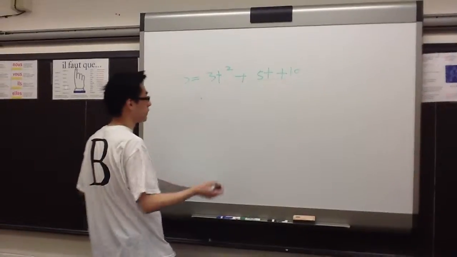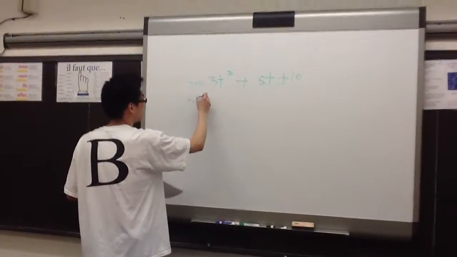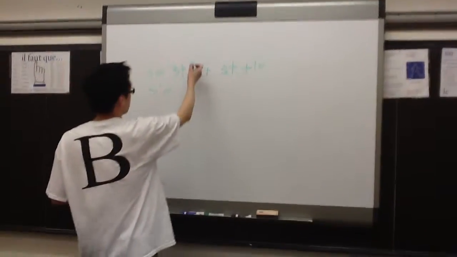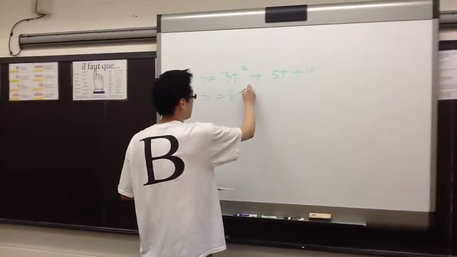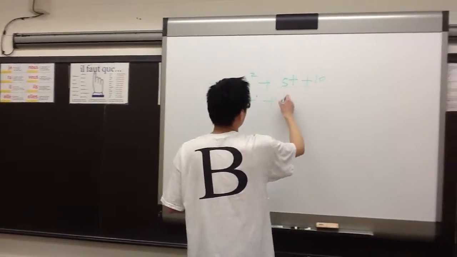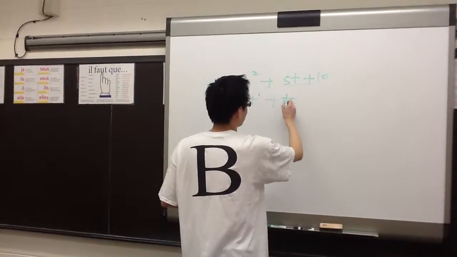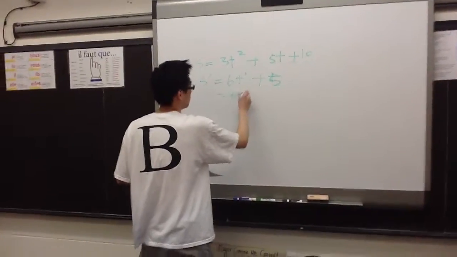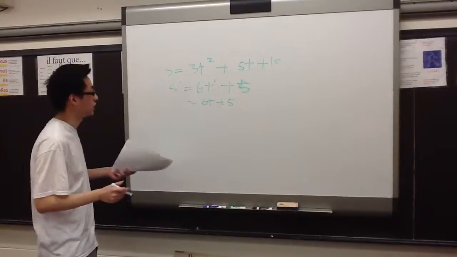So we need to find the derivative of the function. So 2 minus 1 is 1, 6t, and plus 5, sorry. So this is the velocity function.